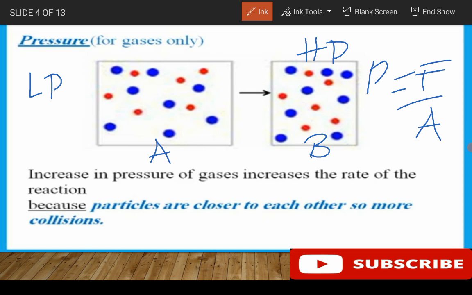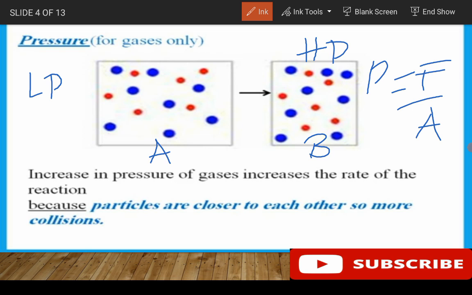It's because particles are closer to each other and therefore there are more collisions. So it is the number of collisions that determines the speed of a chemical reaction. Particles that are closer together will react faster than particles that are far apart.